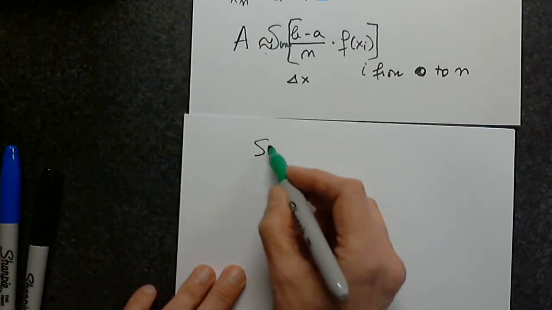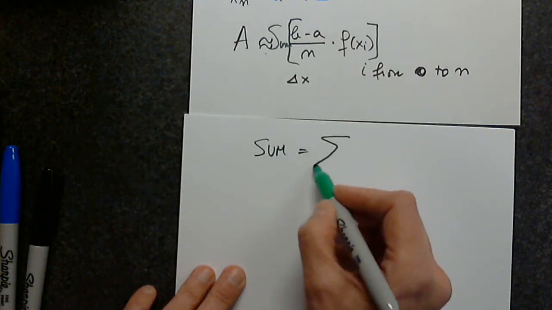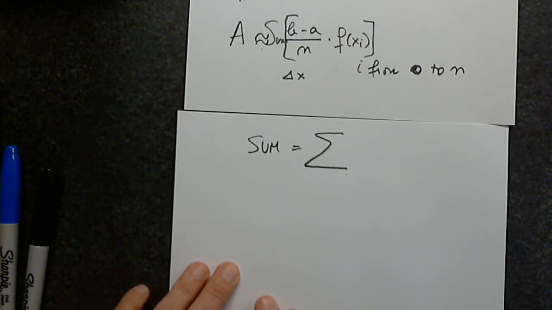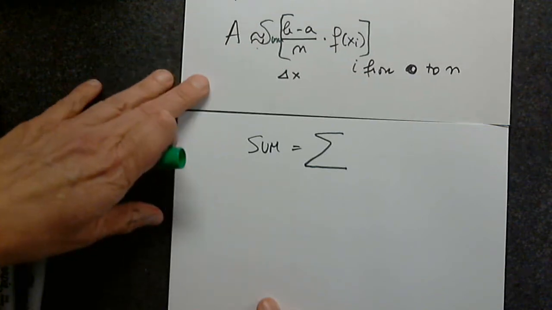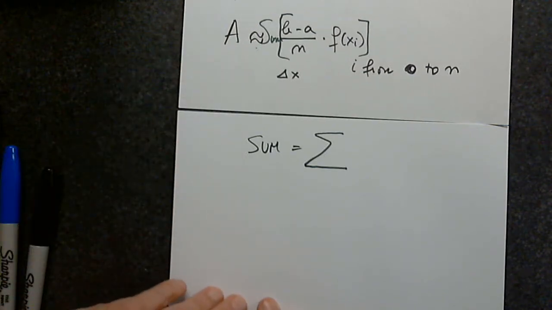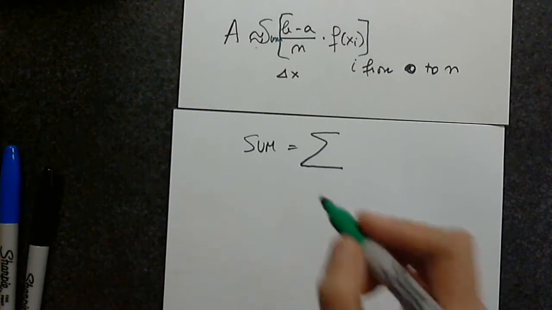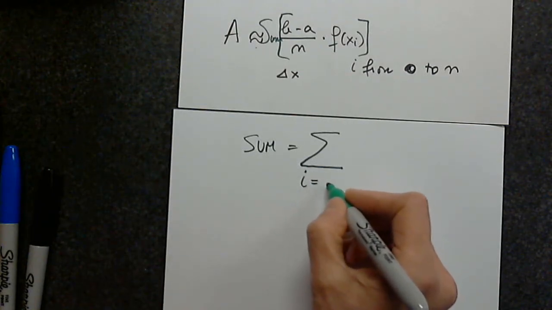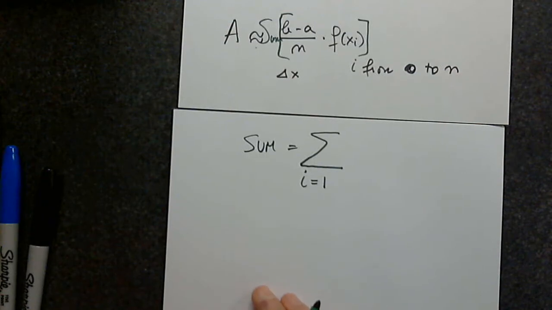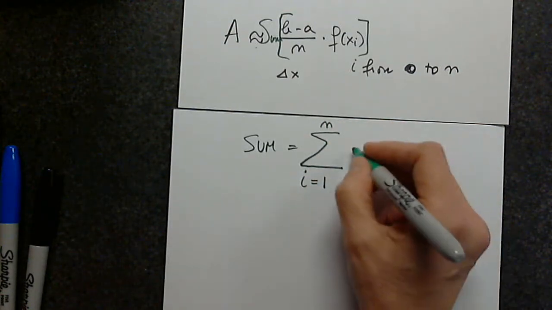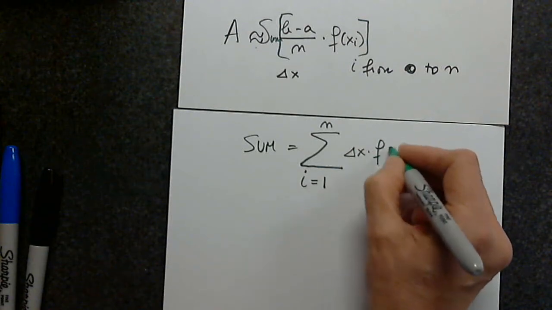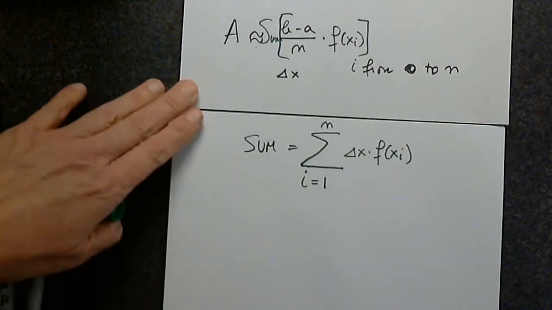So the sum is denoted by the sigma notation, or the Greek letter S, not by the Latin S. And in this case, we have how many subintervals? n, from i being the first subinterval till n, of delta x times f of xi.